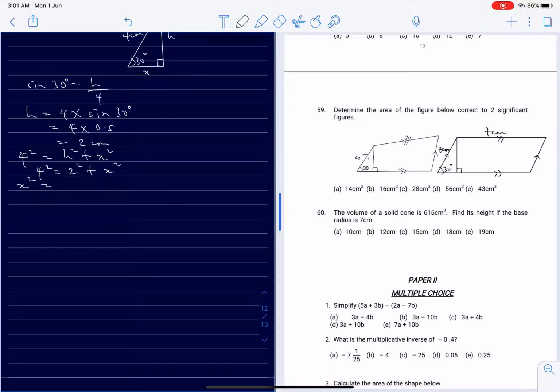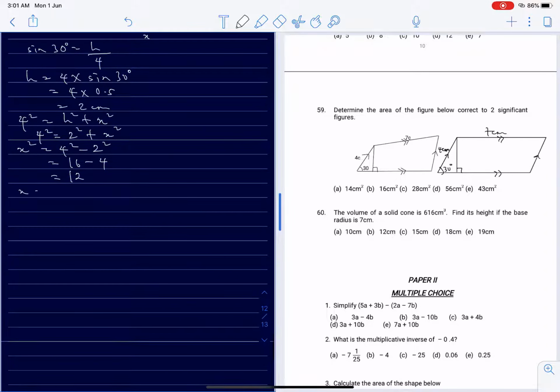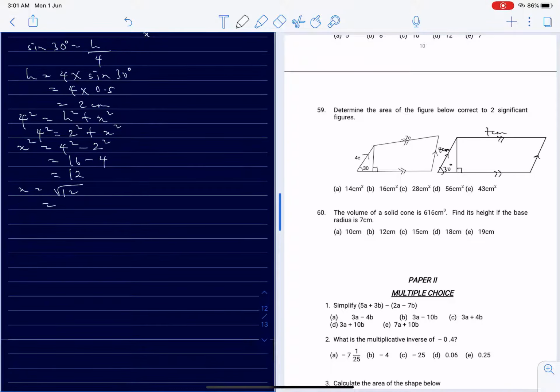And that simply means x squared is 4 squared minus 2 squared, which is 16 minus 4, and that's 12. So x is the square root of 12, which is approximately 3.464.